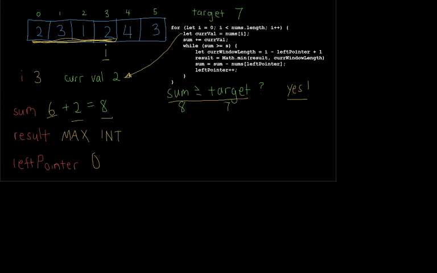Well, you want to see what is the current value of the sliding window. Because we're inside this while loop now, right? So you have to figure out what the sliding window length is. It's going to be I minus the left pointer plus 1.